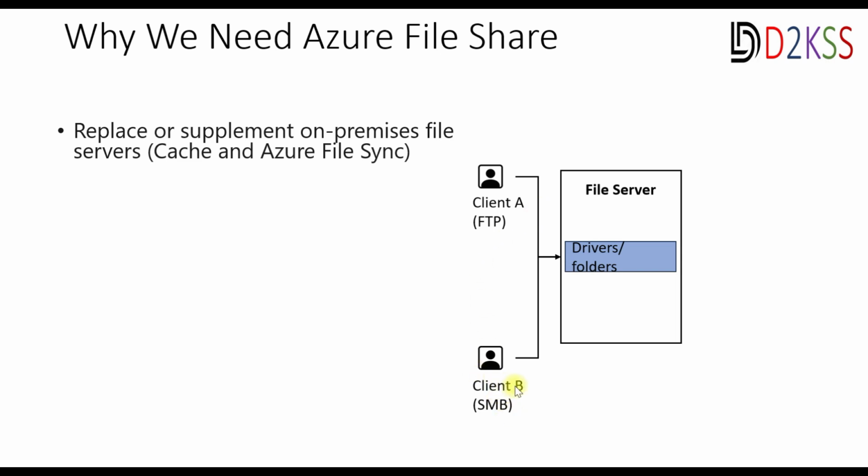Client A and client B access it using different protocols, and now management wants to move all these files into a storage account without impacting these clients. So they do not need to change any approach for accessing these files.